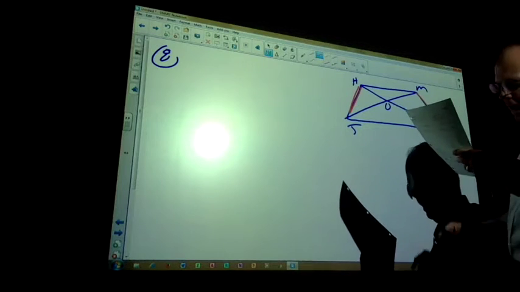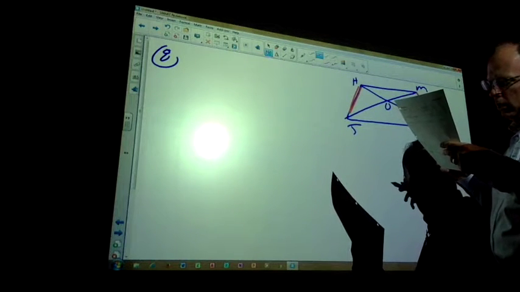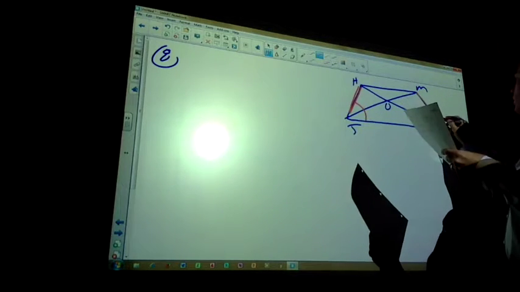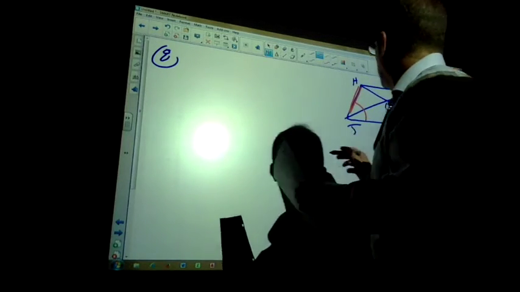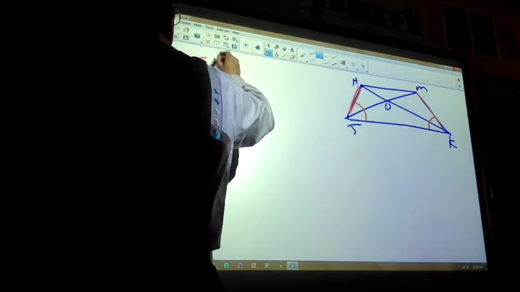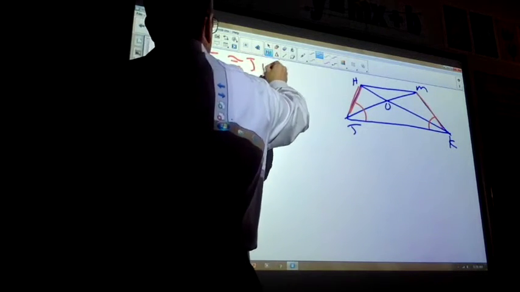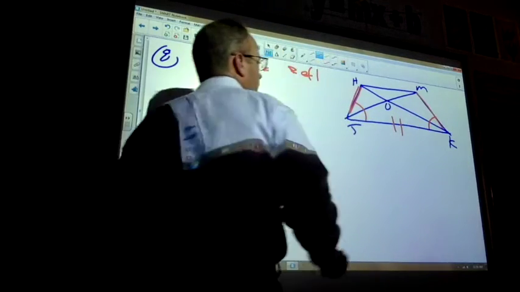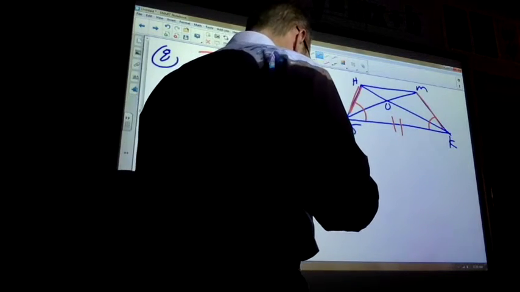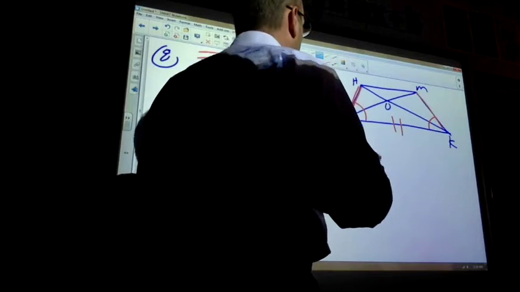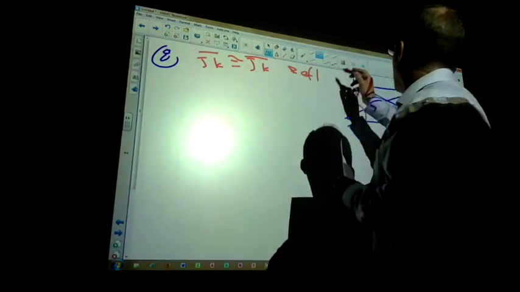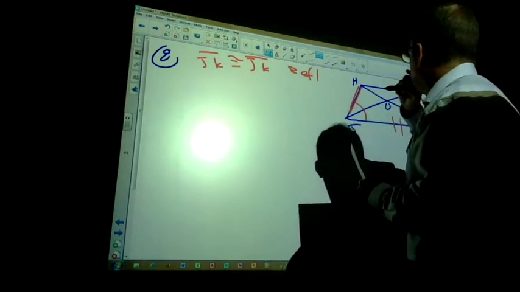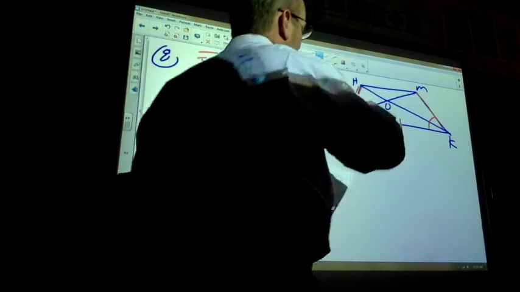And angle HJK, this angle here is congruent to this angle here. Then I can state that JK is congruent to itself. That's our favorite. What are we trying to prove? JOK is isosceles? Okay. So, we're trying to show that this is isosceles, but I can state what?